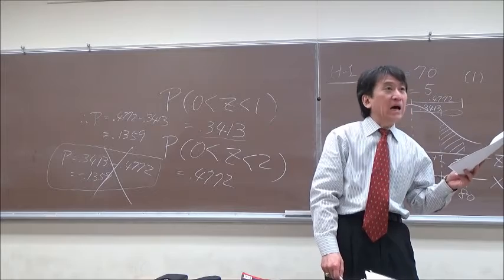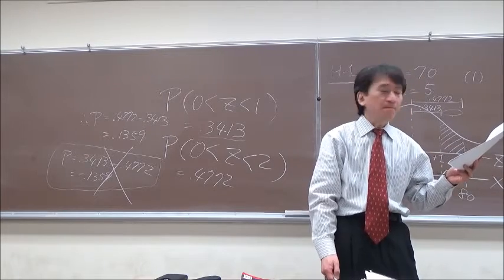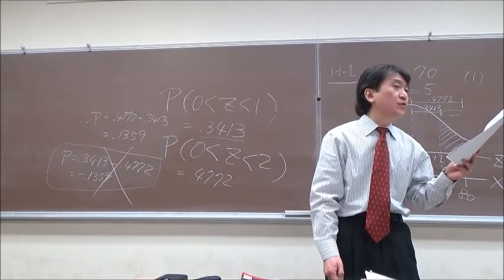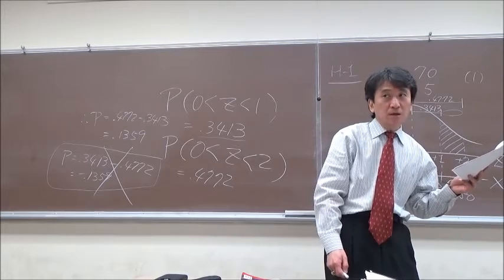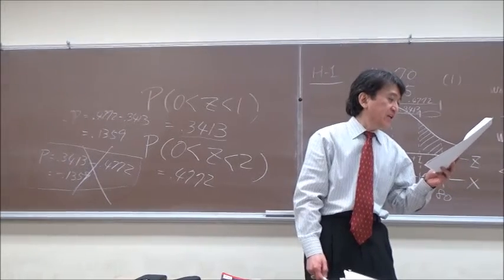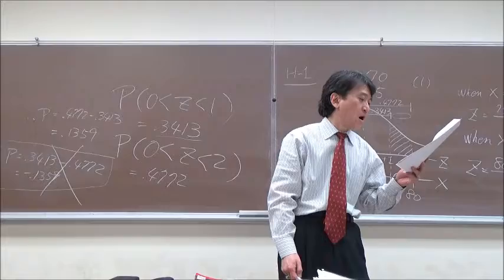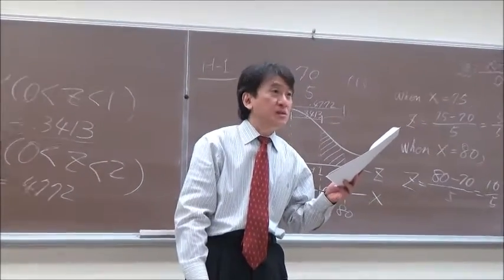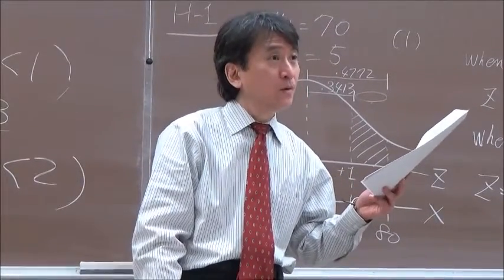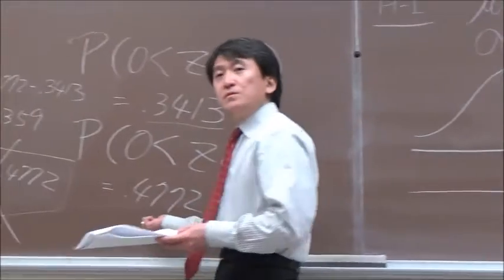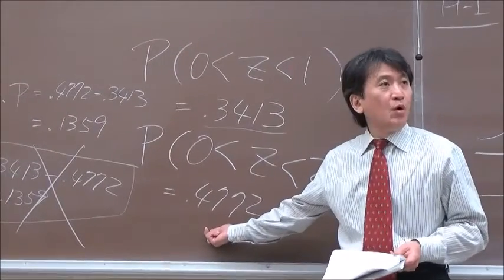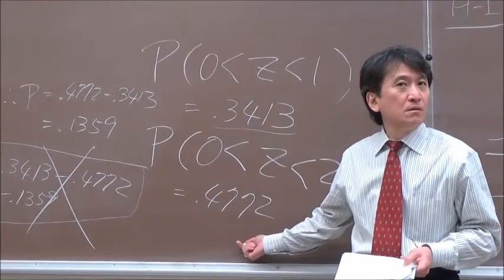And then the second line with a bunch of blanks, okay? The z-score equals plus 2. The area under the normal curve from z equals 0 to 2 equals 0.4772, right?